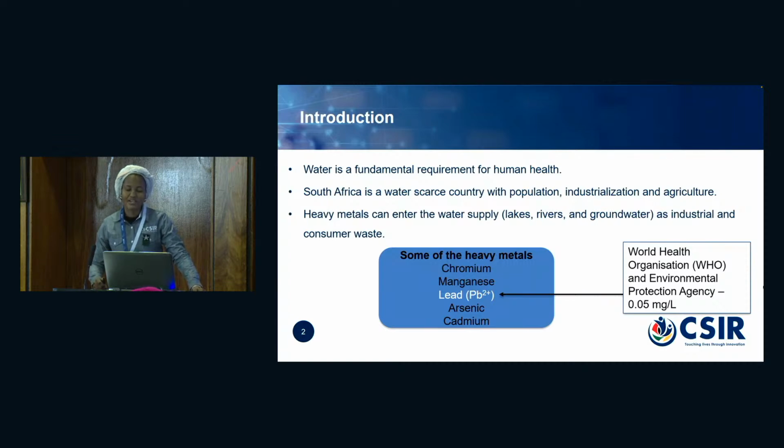The World Health Organization has estimated the maximum permissible limit of lead in drinking water to be 0.05 milligram per liter, and the maximum permissible limit given by the Environmental Protection Agency is determined to be 0.05 milligram per liter in wastewater.